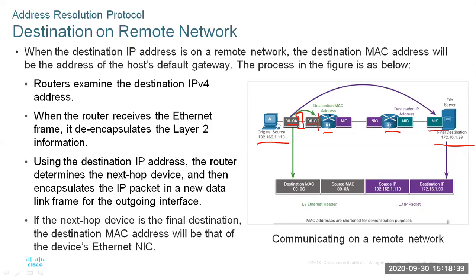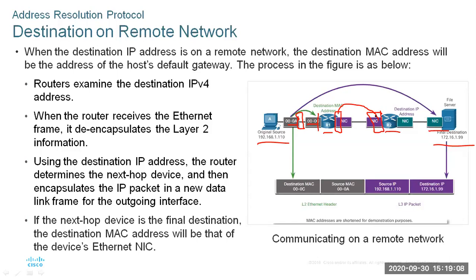So when the router receives the frame, it's going to decapsulate it and then remove this MAC address as the destination and remove this as the source, then re-encapsulate it. Then the new source is going to be the MAC address of this interface here, the new source MAC address, and the destination MAC address will be the MAC address of this interface here.